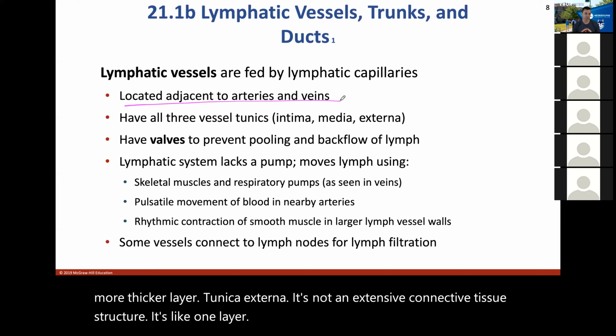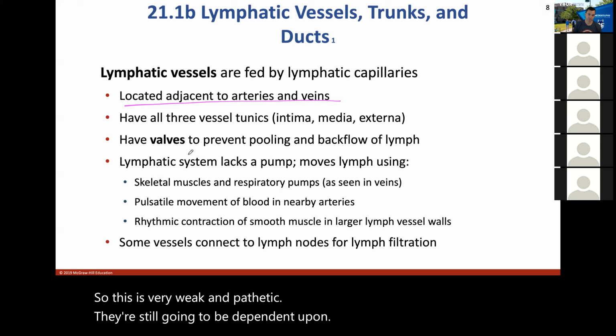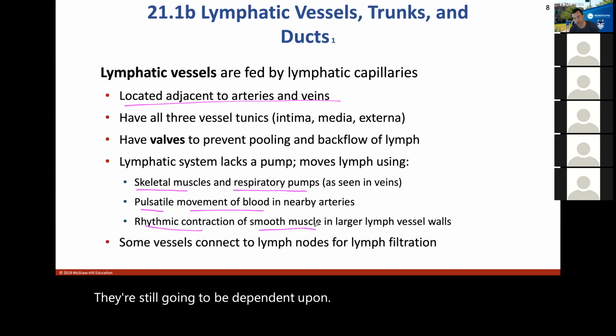So this is very weak and pathetic. They're still going to be dependent upon anybody else to contract and move them.